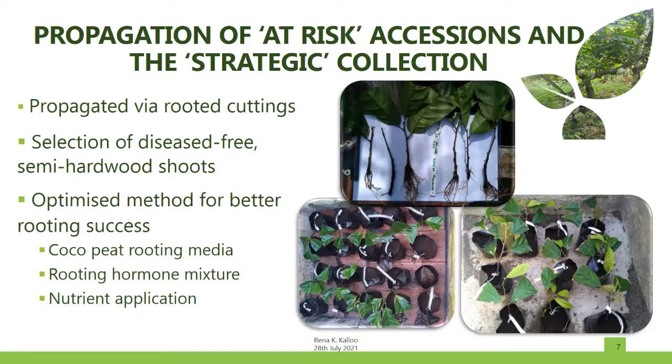We used a coco peat rooting media that was able to hold moisture but had ample drainage for the bulb. And we optimized the rooting hormone concentration at 4 grams per liter, IBA to NAA in a 3:1 ratio. IBA is indole-3-butyric acid, NAA is naphthaleneacetic acid, and both of these are synthetic auxin rooting hormones, and they act as a root stimulant.